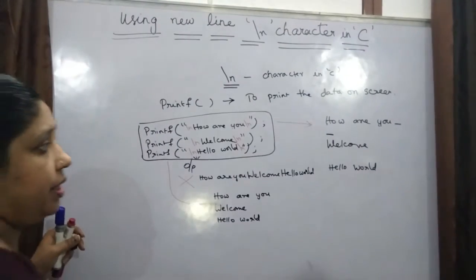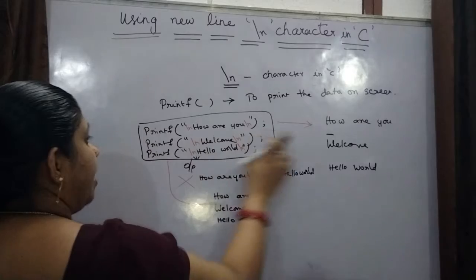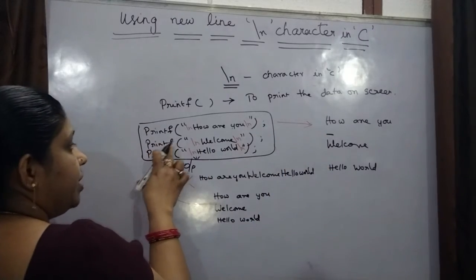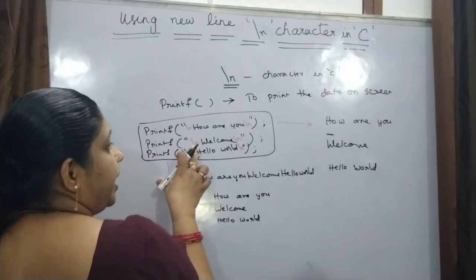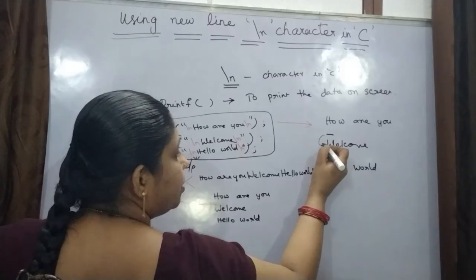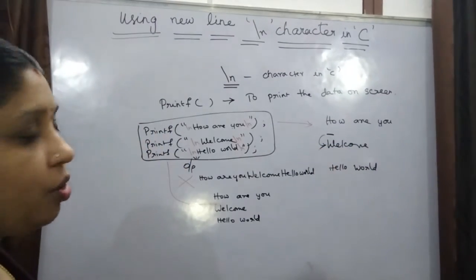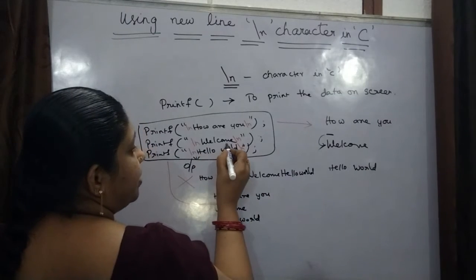Okay, the cursor comes from here to here, and after coming here, it goes to the next printf statement, and here if it sees this new line character again, the cursor again jumps to the next line. Okay, and then it will print this.